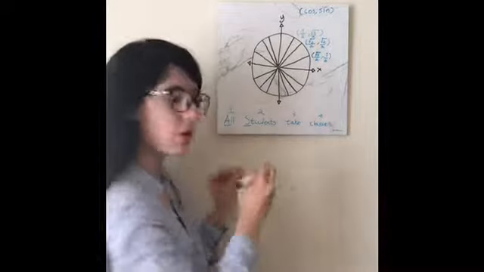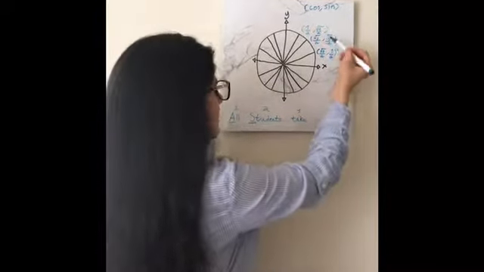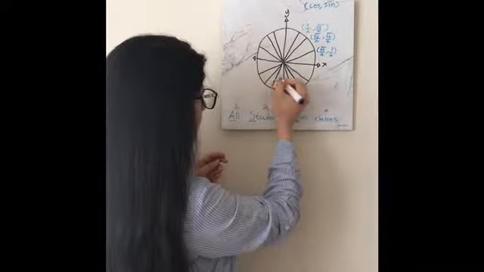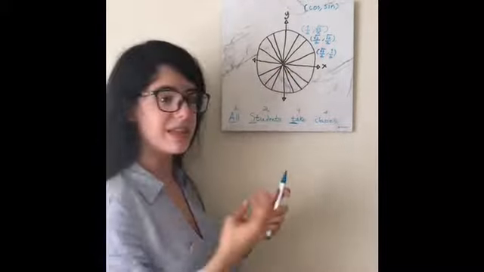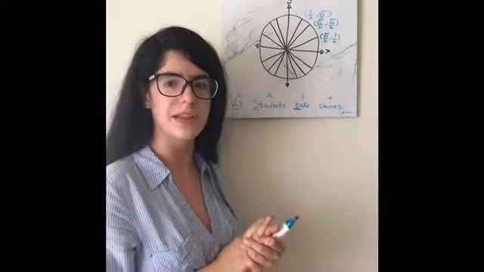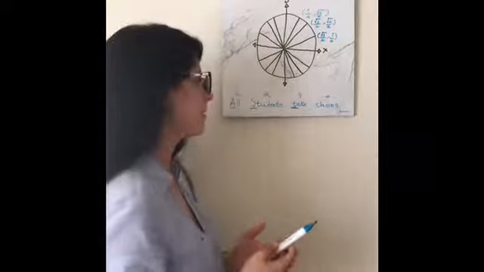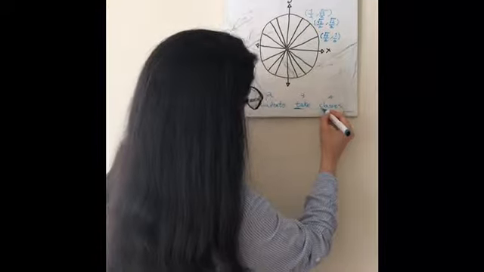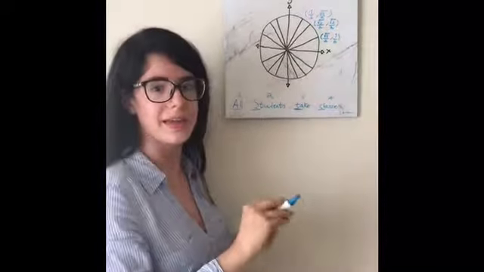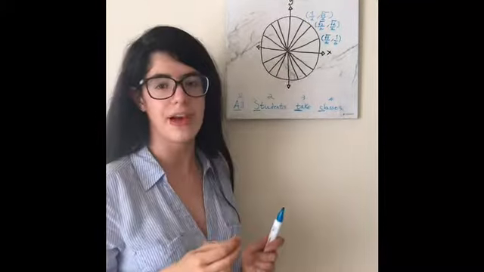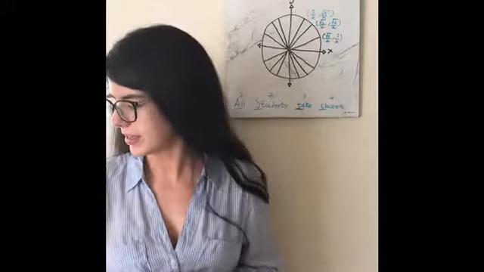S means that only the sine value, the second values, are going to be positive. T means that only the tangent values are going to be positive, but the tangent values aren't usually in a unit circle, so we are going to skip them for now. And then we have C, which is for cosine, which means that in the fourth quadrant, only the cosine values are going to be positive.